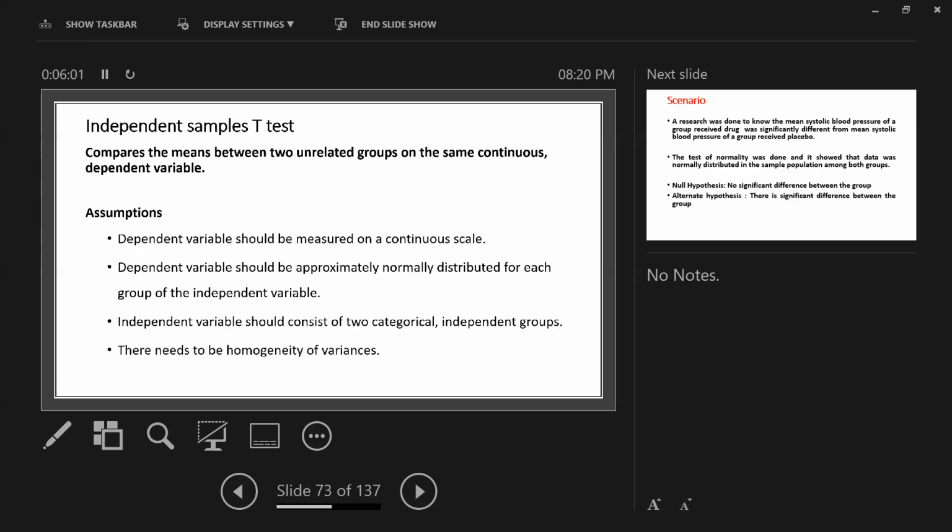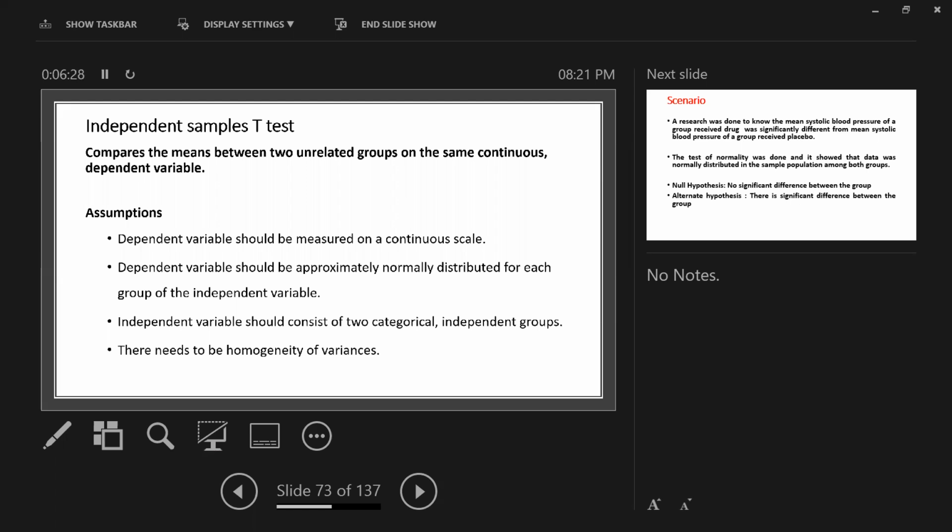Now, what is the independent sample t-test for? It compares the mean between two unrelated groups on the same continuous dependent variable. That means the independent sample t-test, the student's t-test, is comparing the means of two unrelated groups on a continuous dependent variable.